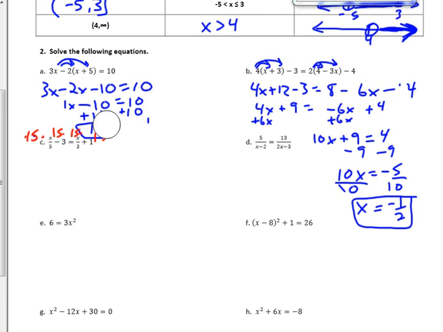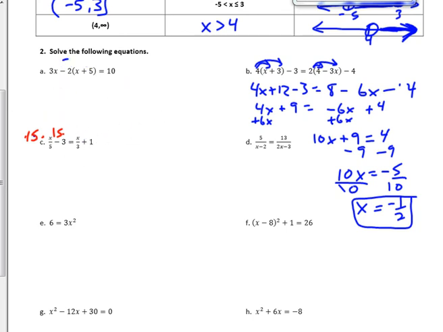When I do that, this 5 and 15 reduce, so I get 3 times x is 3x. Nothing reduces with the 15 here. 15 times 3 is 45. This 3 and this 15 reduce, so I get 5 times x. And then 15 times 1, nothing reduces, so I get plus 15.